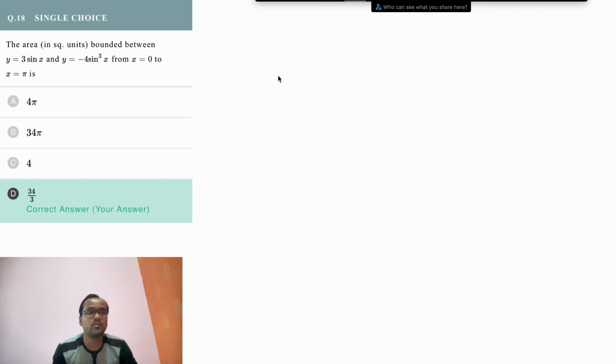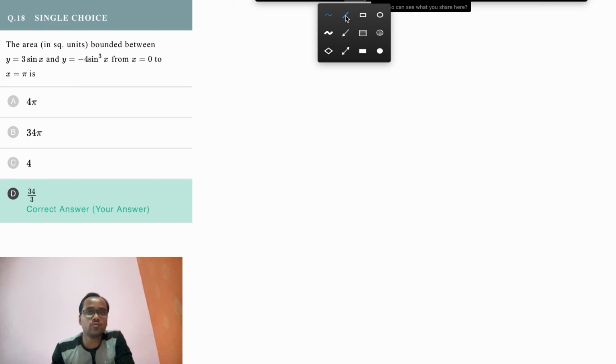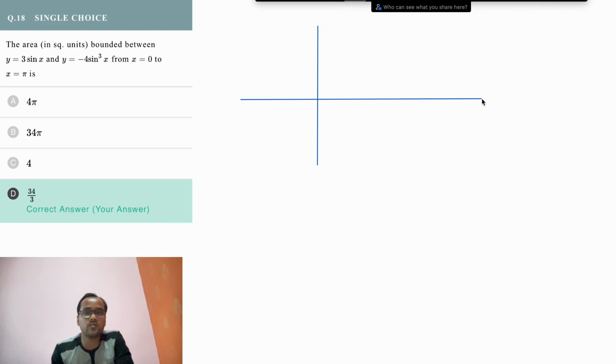Question number 18. The area of the region bounded between these two curves. So y equals 3 sine x. First of all, we have to think about the graphs of these two. Y equals sine x, we know. This is y equals sine x. But if it is 3 sine x, then also no problem.